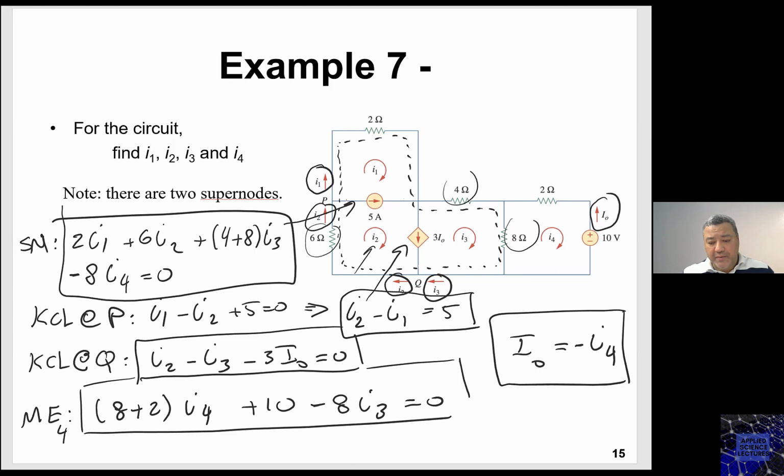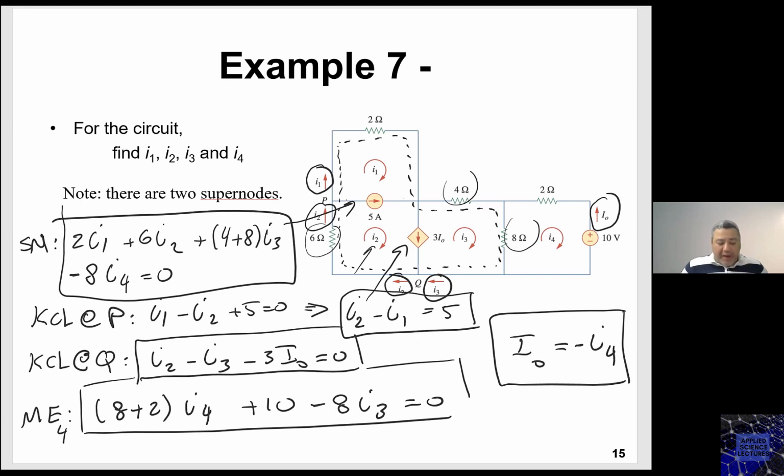Now for me, in this course, what I care about is how you formulate your problem from circuit into equations.